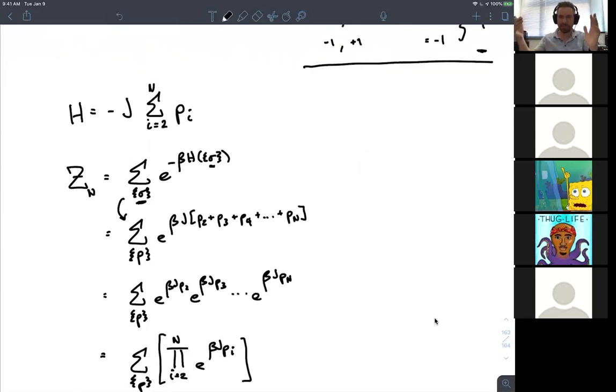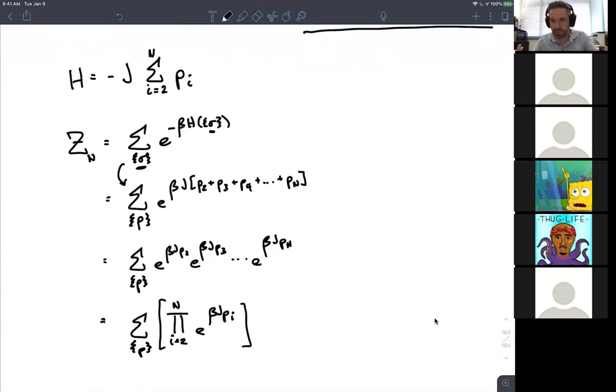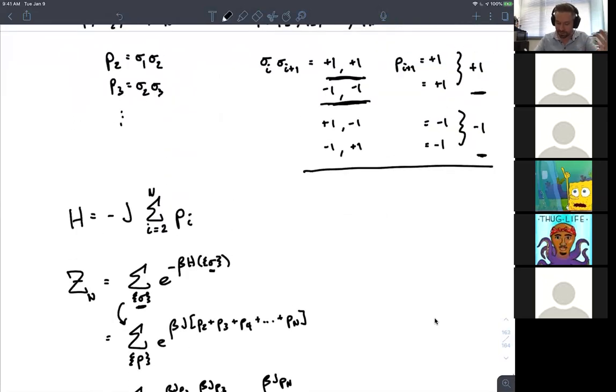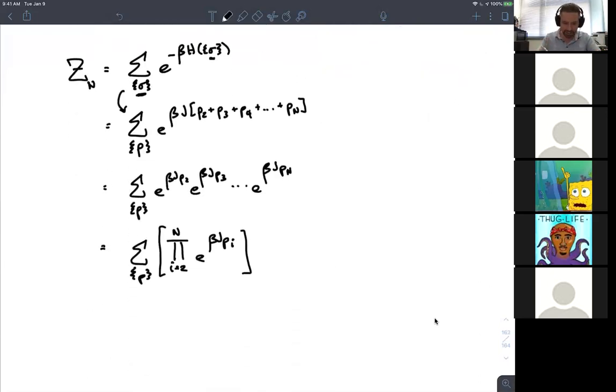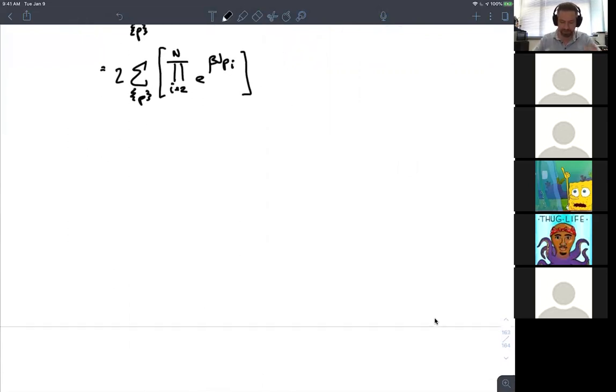And now if we just sum over p's, we're going to have essentially half as many, right? And so what we need to do is take what we have here and multiply by 2, because every p variable corresponds to two possible spin states. So I'm just going to throw a 2 in there. Probably that 2 should have showed up back there, but once we've got it, that's what we care about.